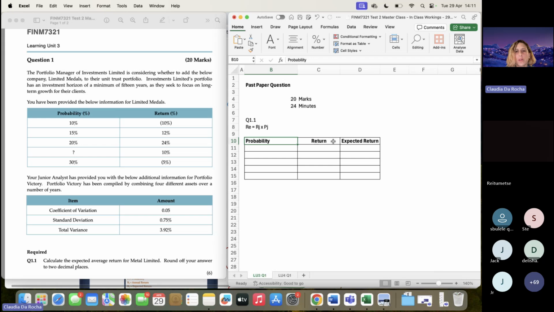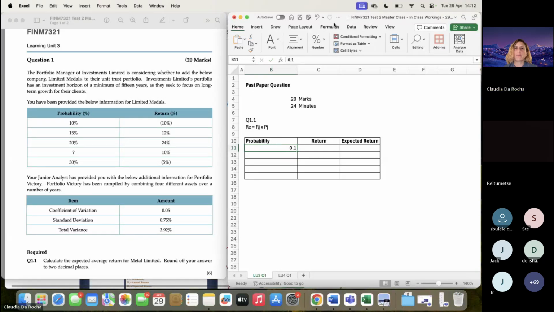So what is critical is you need to decide, and normally it's the probability, which one of these is going to be in a decimal format and which one's going to be as a whole number, just so that you can get the right answer. So I normally like to make my probabilities as decimals. So I'm going to make it 0.10.